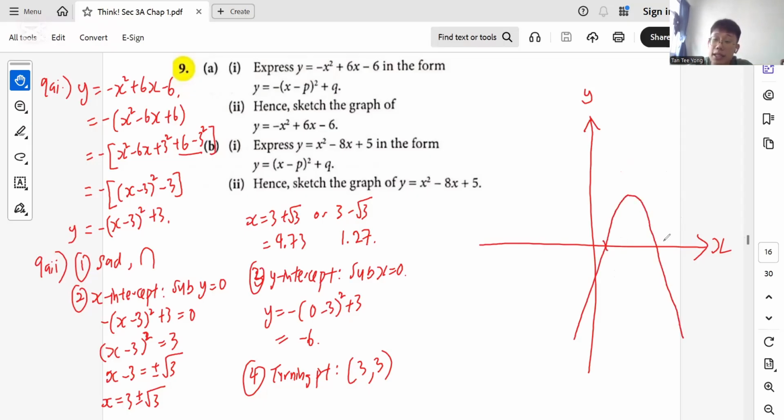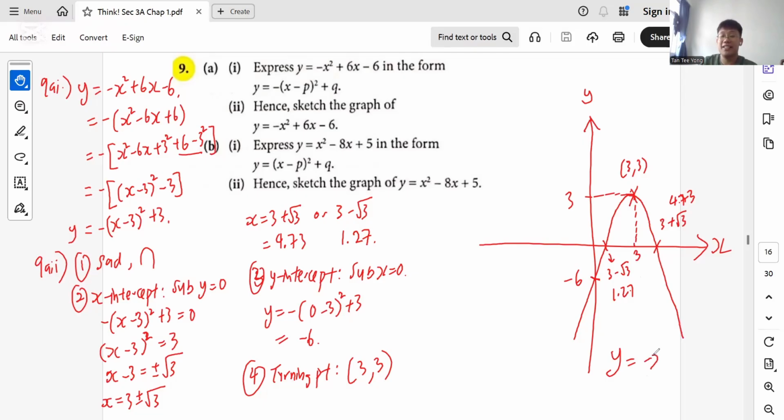So this is 3 plus square root 3, and this one is 3 minus square root 3, 4.73 or 1.27. Then the y-intercept is negative 6. Then the turning point here is (3, 3). So this is 3, this is 3. Let me just do a quick check. Yeah, that's it.